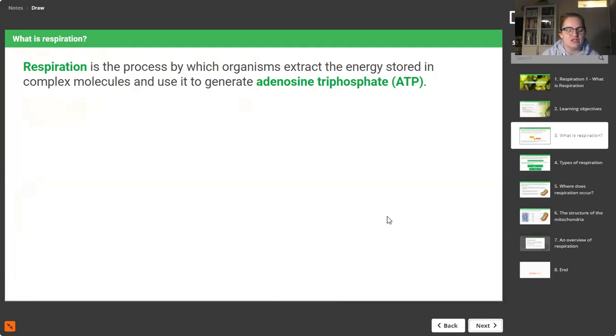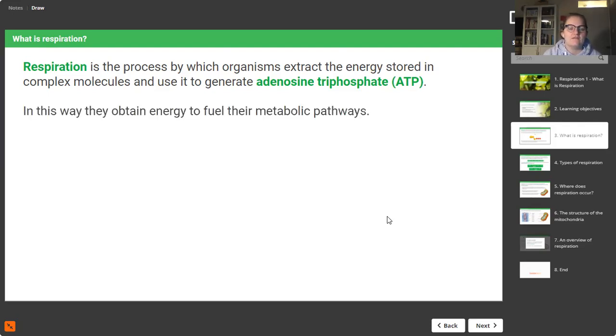We don't use it as a storage molecule, but organisms will store energy in the form of complex molecules, things like glucose, starch, other complex carbohydrates, and then we extract the energy from those complex molecules and convert it into ATP to then be used as that useful energy currency right then and there. ATP is basically how all metabolic pathways are fueled, and this is the way that organisms obtain that fuel: they store it and then convert it.